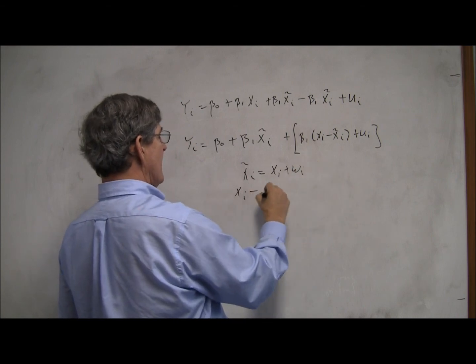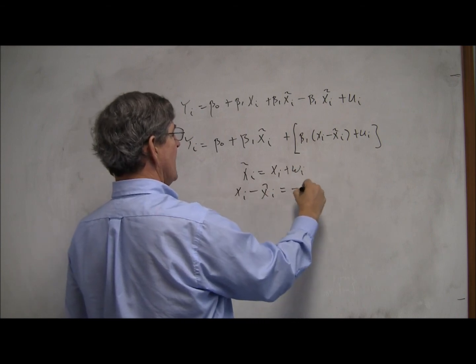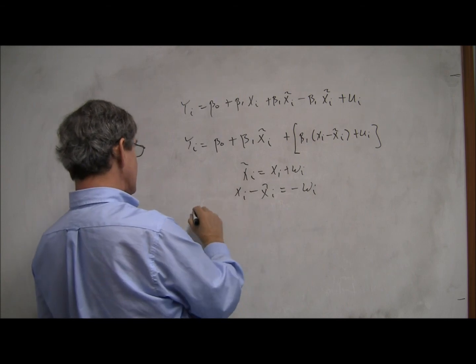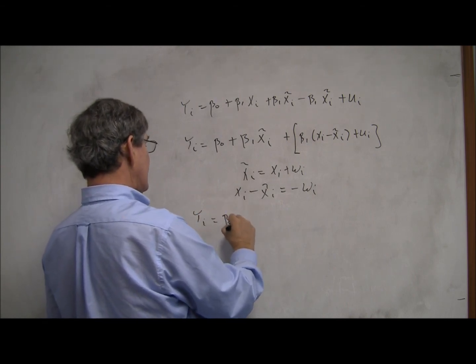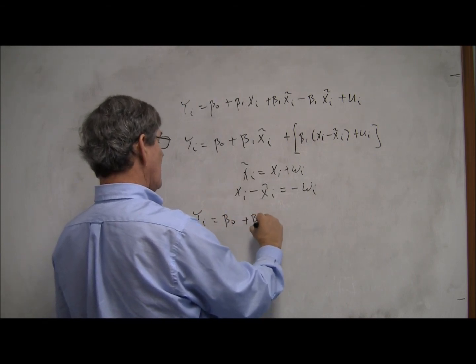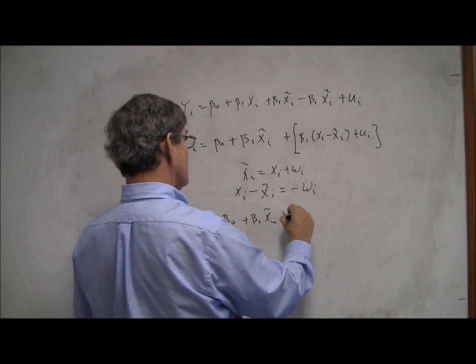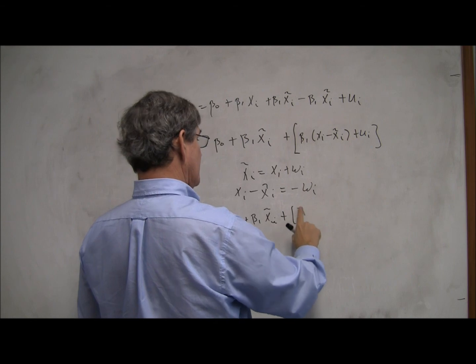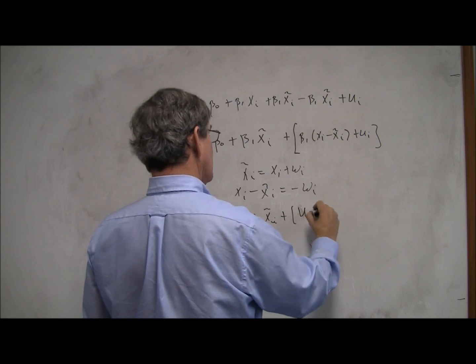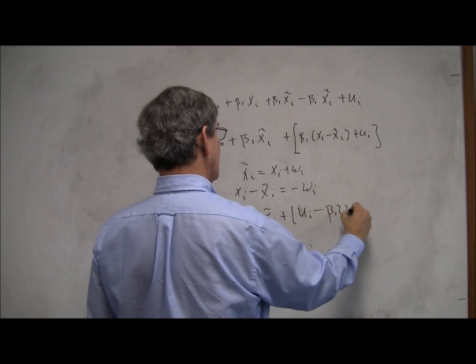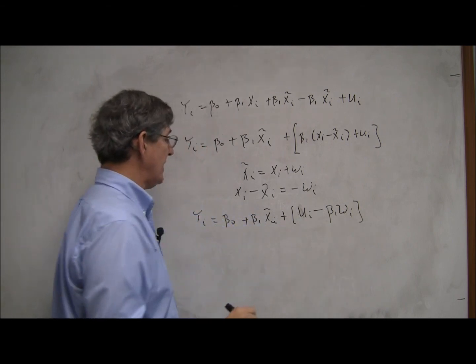So xi minus x tilde i is minus wi. So I can also write this as yi is beta 0 plus beta 1 x tilde i plus ui minus beta 1 wi. Same model, same thing.